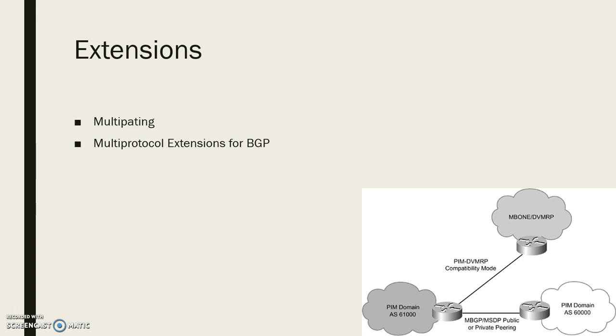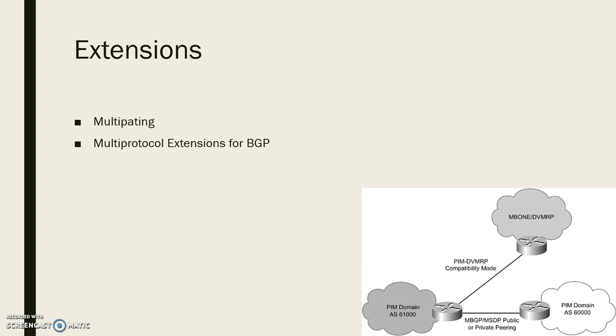We got multi-protocol extensions for BGP, but this would be called MBGP. This is sometimes referred to as multi-protocol BGP or multicast BGP, and defined in IETF RFC 4760, an extension to BGP that allows different types of addresses, known as address families, as we brought up before, to be distributed in parallel.